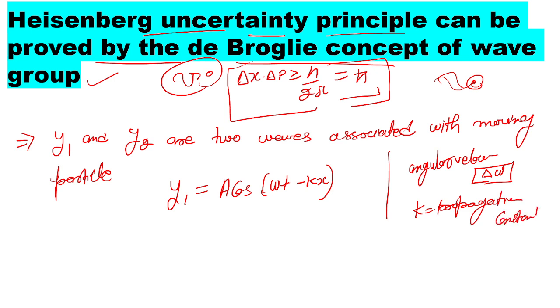When your wave is propagating in a particular direction, there is a particular constant, that is this k. And the difference in propagation constant between these two waves is delta k.